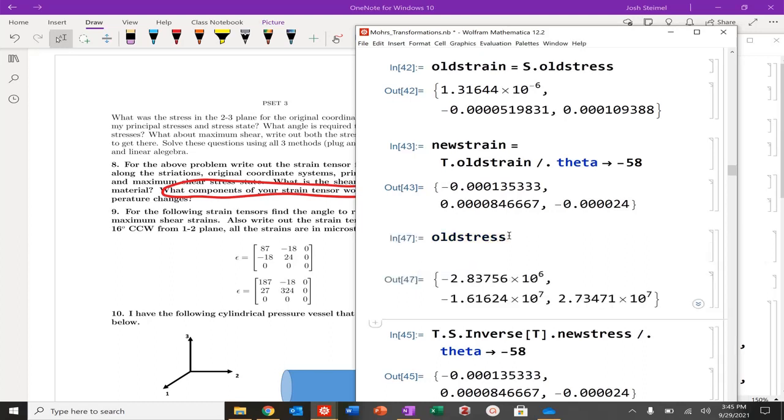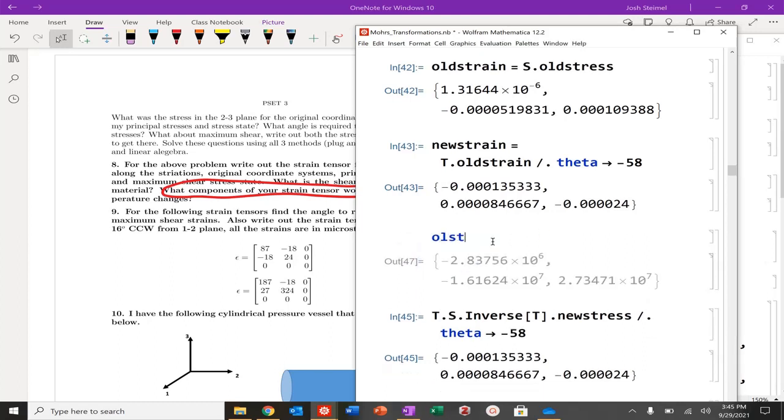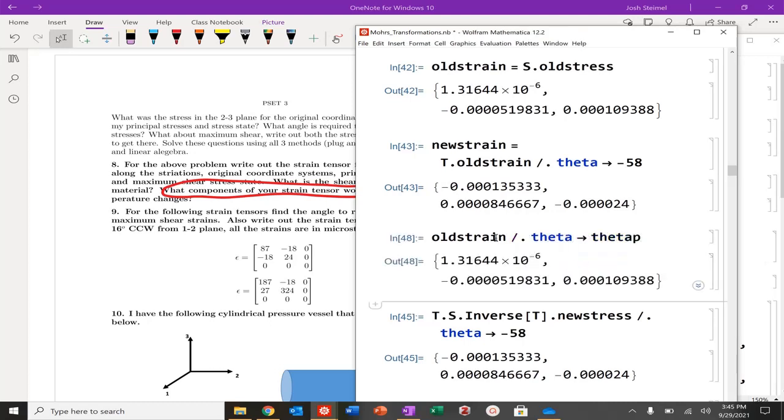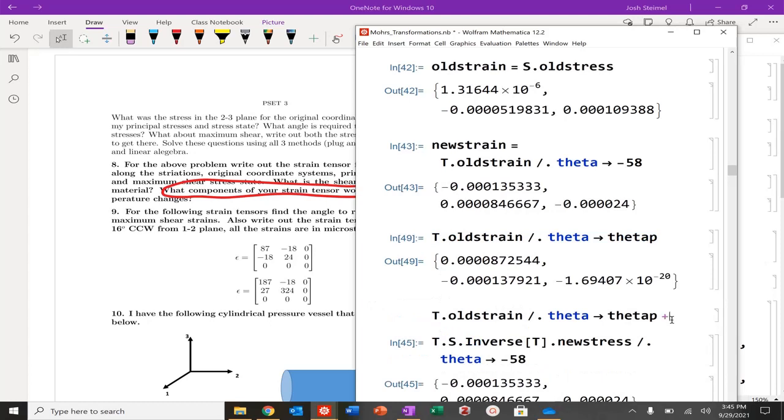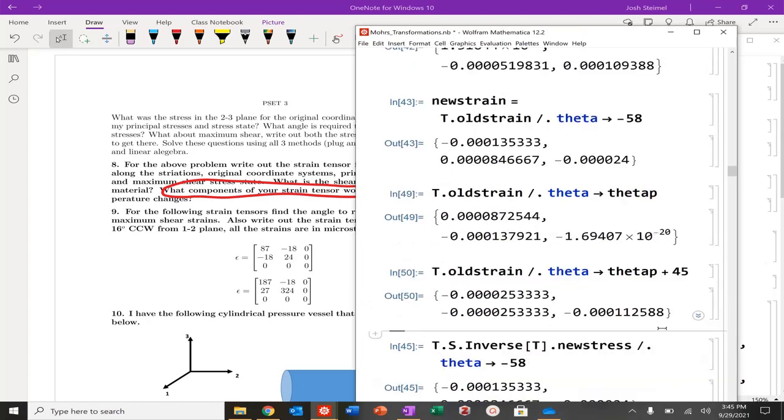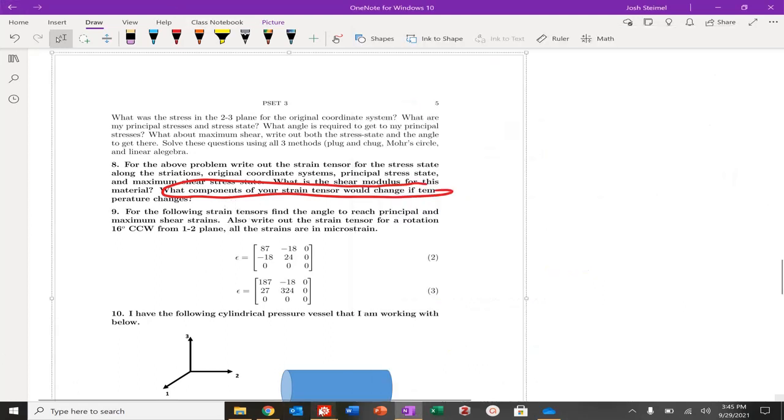If we look at our old strain, so if I do slash dot, my theta goes to theta p, and we need to do T dot, and then voila, no shear stresses. I could also go to theta p plus 45, and then same value here. I've got my values of maximum shear strain as well. Fantastic. What is the shear modulus for this material?